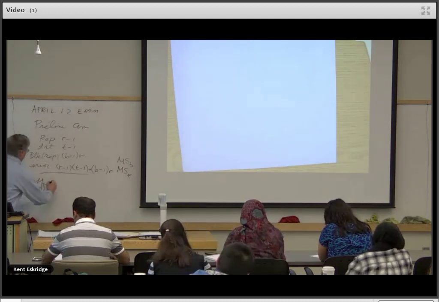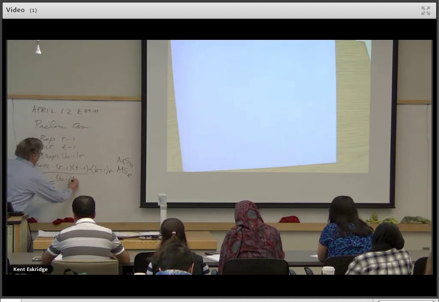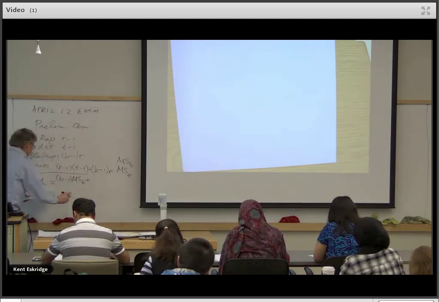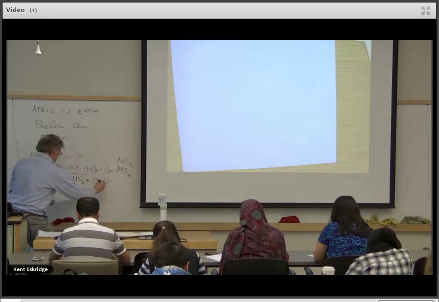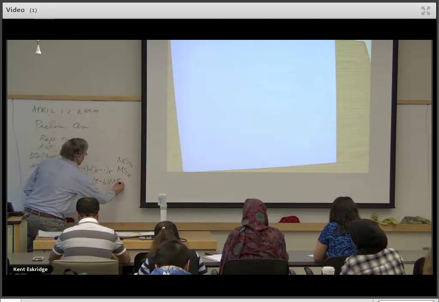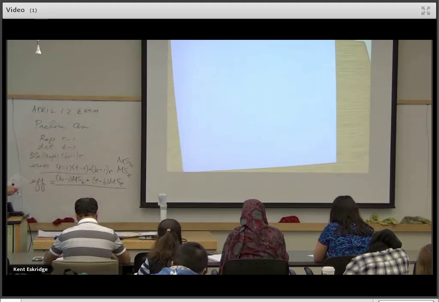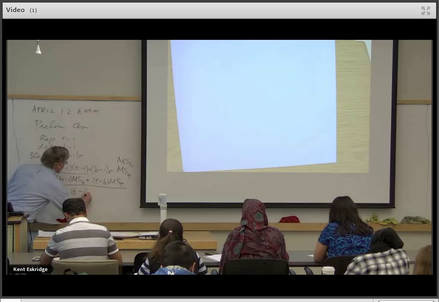The efficiency factor is B minus 1. You basically just get the error sum of squares that you get if you analyze it as a randomized complete block, divided by the degrees of freedom from the incomplete block, which is T minus 1 times MSE.